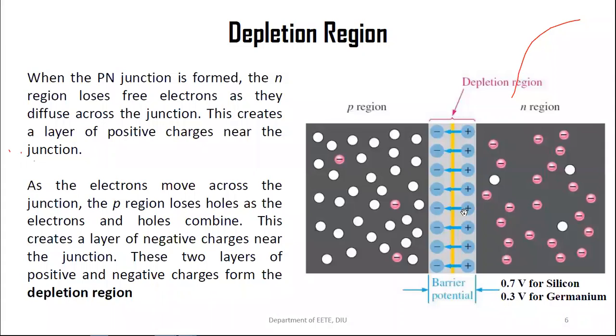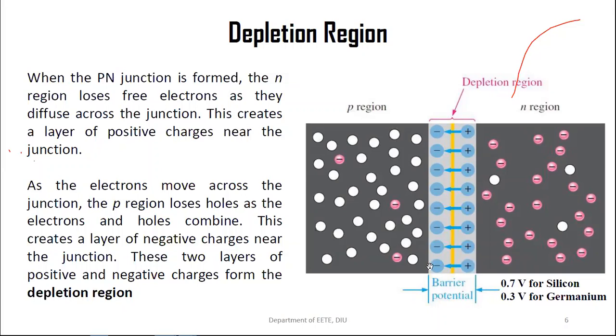So it will act as a potential, just like a battery, because both a positive terminal and a negative terminal exist. That means it has a potential. If we make the PN junction with silicon, the value of this potential is 0.7 volt, and for germanium it is 0.3 volt.